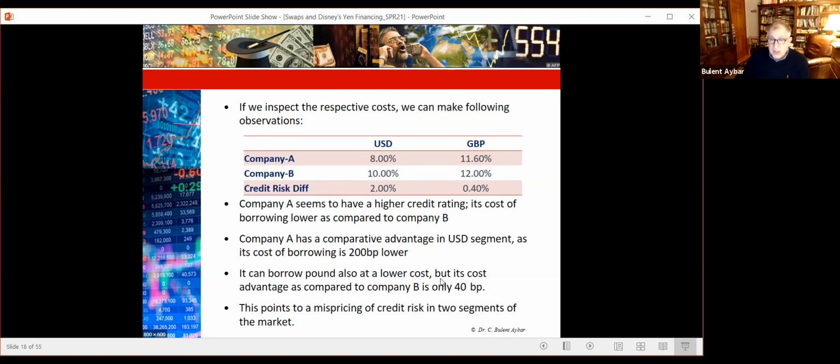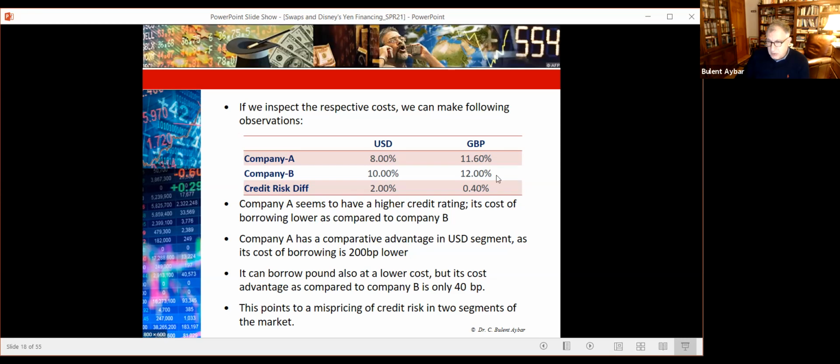So the question is what these companies can do. These companies indeed can take advantage of these mispricings. Although the company A is eventually interested in borrowing pounds, it could indeed go to the market segment where it has a comparative advantage, meaning that it can actually borrow dollars far cheaper than the company B can, and then let company B go into its British pound segment where it also has a comparative advantage.